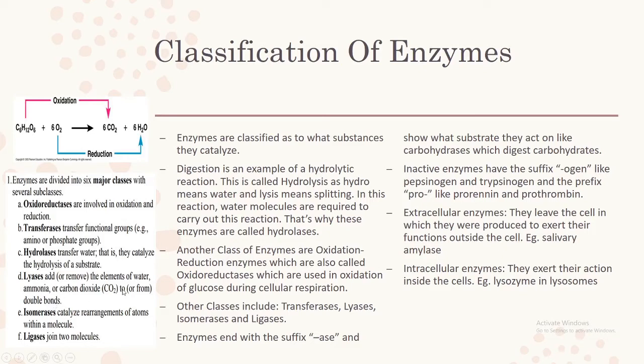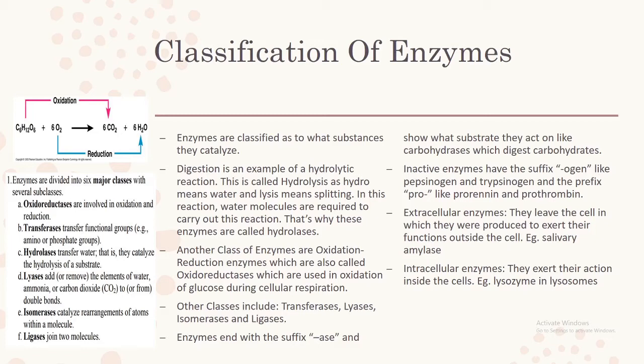Lyases add or remove the elements of water, ammonia, or carbon dioxide to or from double bonds. If there's a double bond, that will be studied in chemistry. Obviously, at a double bond, the lyases can add or remove molecules such as water, ammonia, or carbon dioxide.